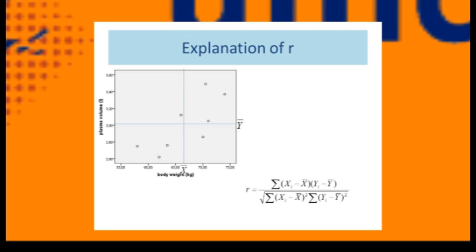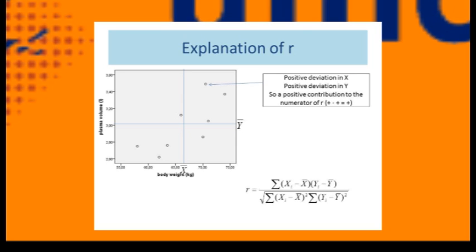In this slide, I will try to explain the idea behind the formula of r, Pearson's correlation coefficient. If we look at this individual with relatively high body weight and relatively high plasma volume, we see a positive deviation of the x variable, meaning higher than average, and a positive deviation of the y variable.